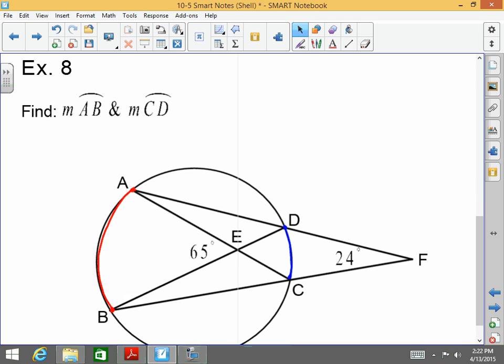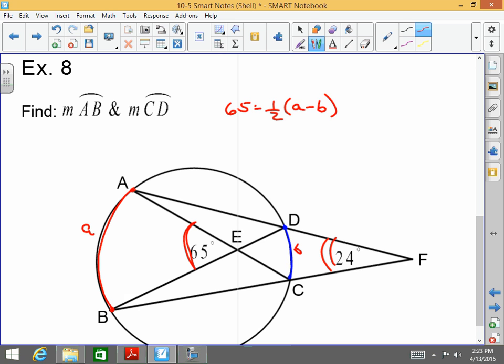So this is a very good one. This is going to be a system of equations, actually. Because don't we have a chord in here? But don't we have a secant out here? So doesn't the chord formula equal 65 equals 1/2 of, in this case, we'll call them A and B, A minus B, correct?